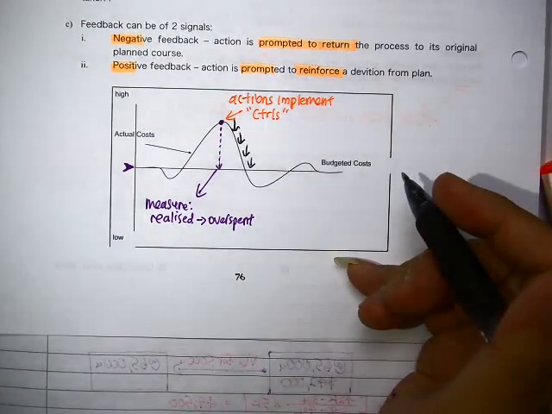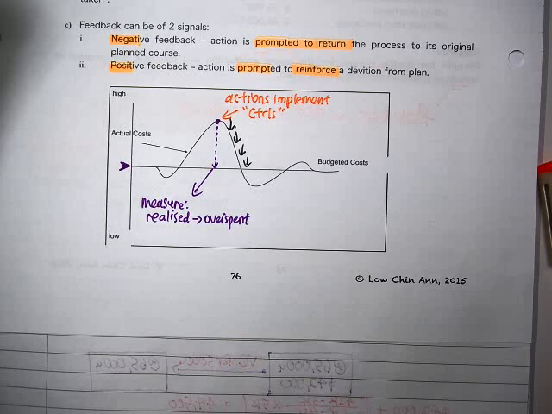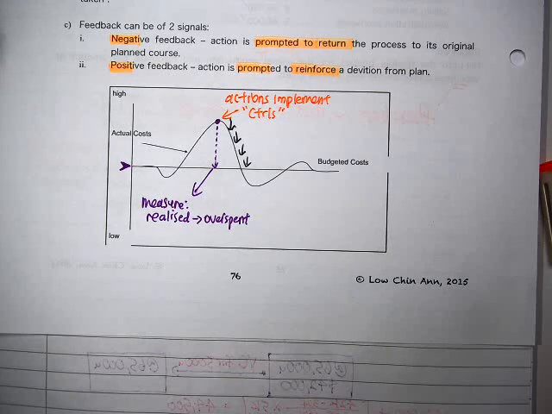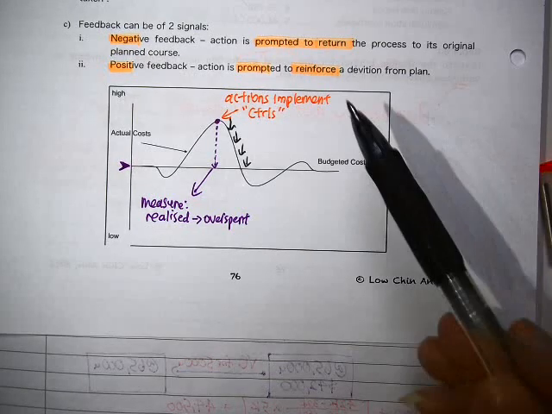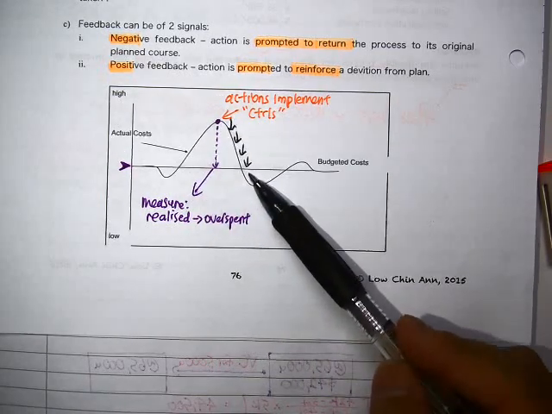So again, I hope you make it very clear that negative feedback and positive feedback is not good and bad feedback. It's about the nature of the control action. If the nature of the control action is to change the path, then that's called negative. Now, sometimes you realize that not all the time when you overspend, it must be negative on you.